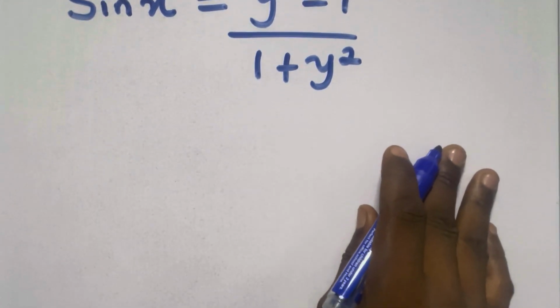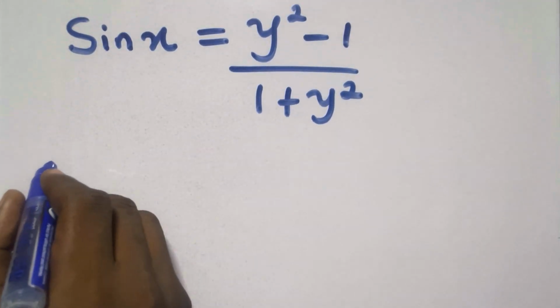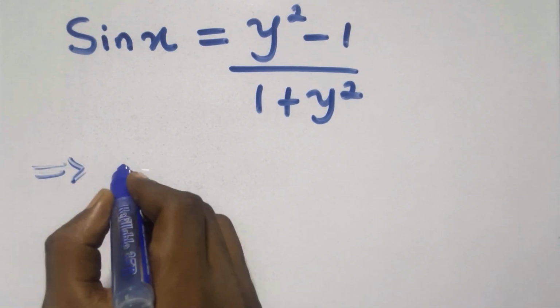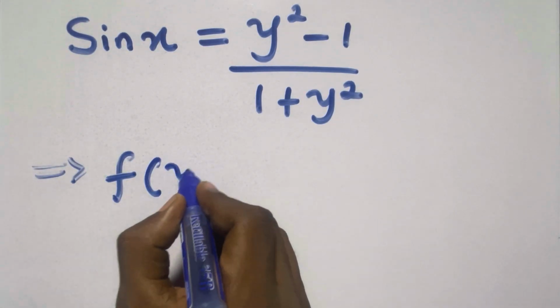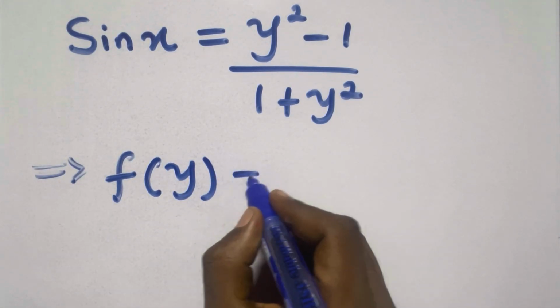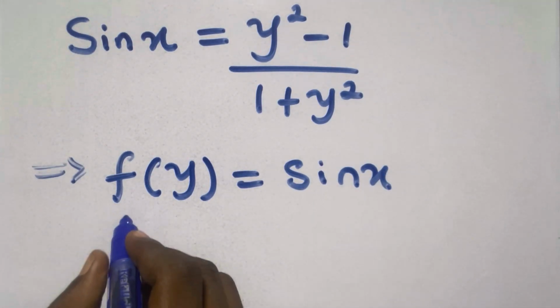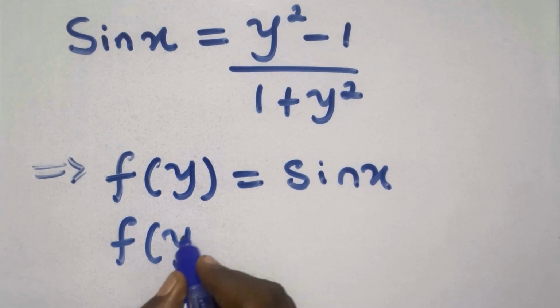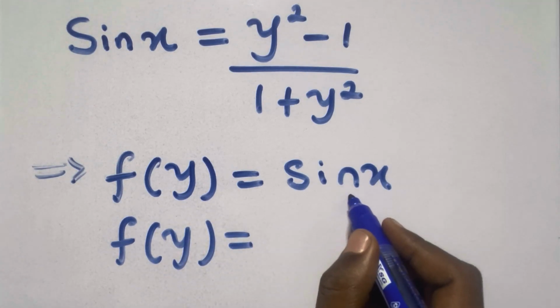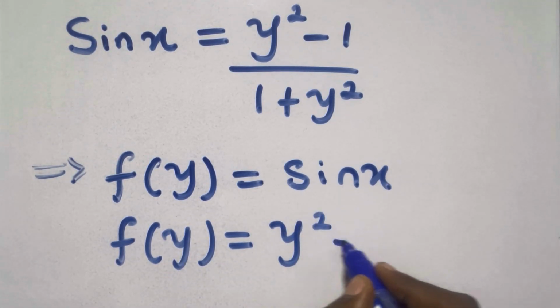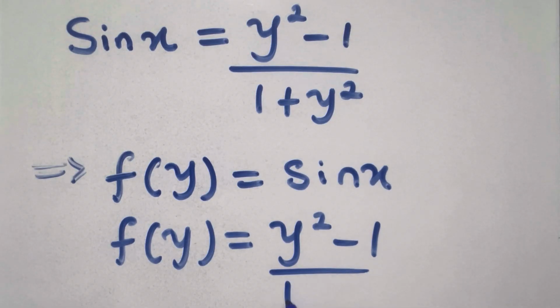So what is left now is to recall that our f of y equals sin x. All right, and f of y equals, what's our sin x? So that is y squared minus 1 divided by 1 plus y squared.